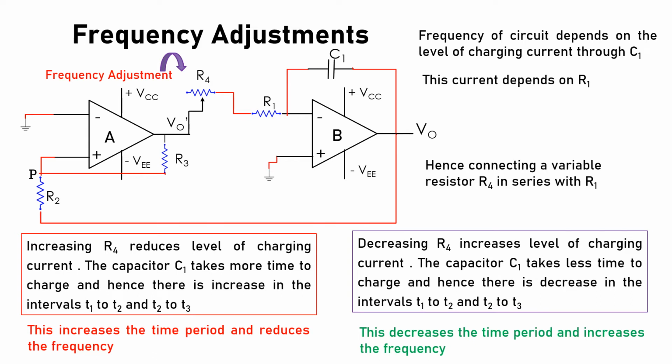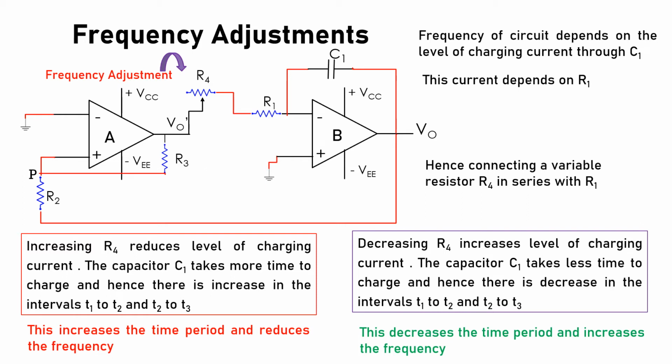When these are decreased, the total time period also decreases, and the frequency increases. So this is how we get the frequency adjustment in this circuit: increasing the resistance R4 decreases the frequency, and decreasing the resistance R4 increases the frequency.